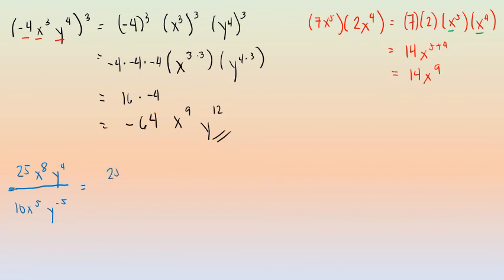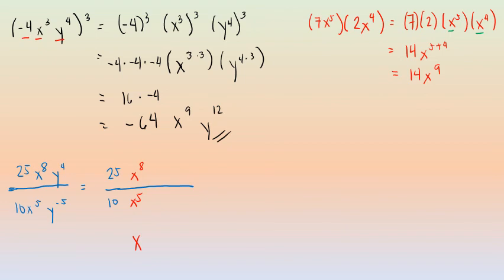So, 25 over 10. Then we also have x raised to 8, then x raised to 5. So, ang definition natin dito, class, using the quotient of powers rule, if you have same bases being divided with each other, ang kailangan gawin is just copy the base, then proceed to subtraction of your exponents.